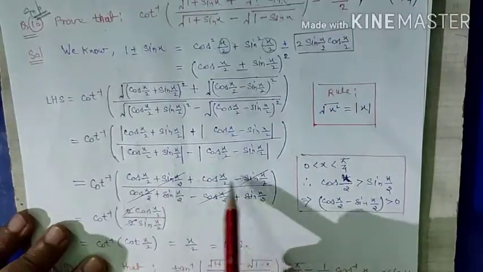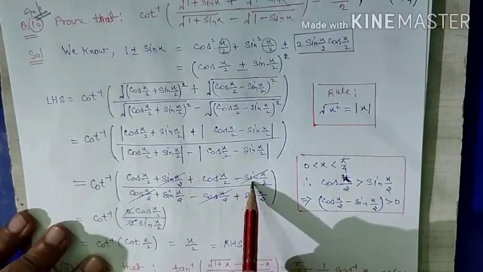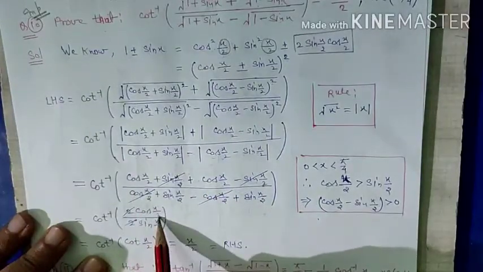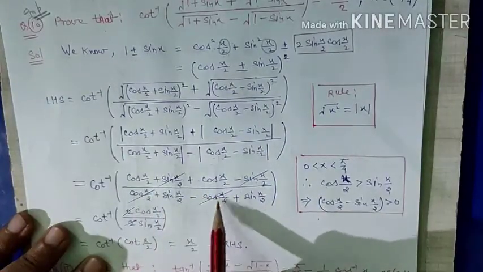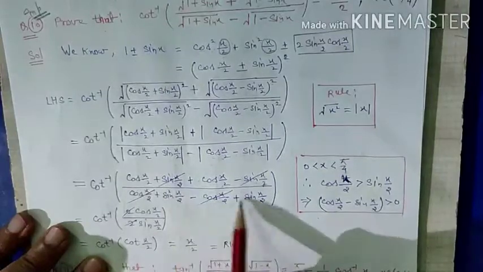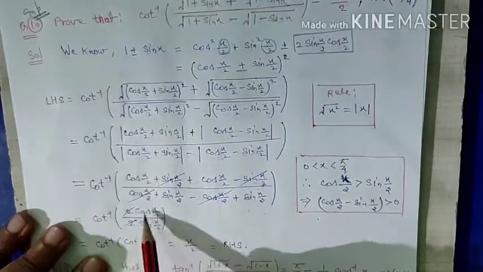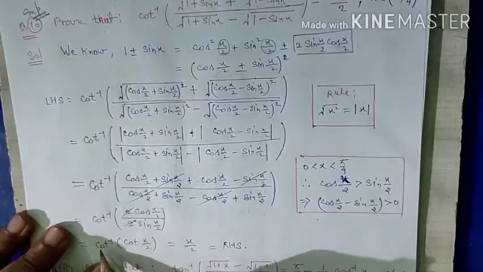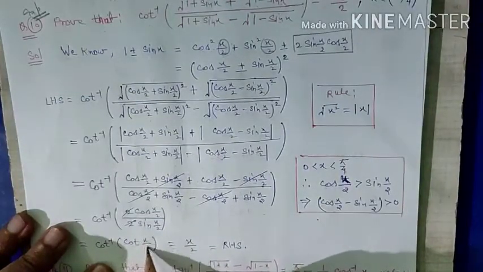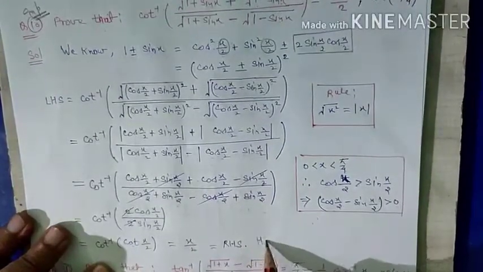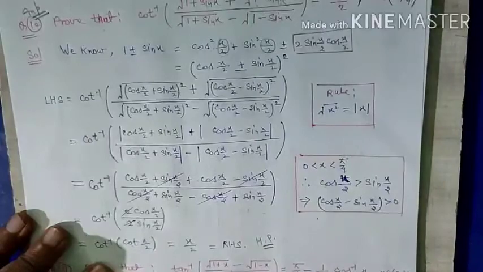So sin x/2 will be cancelled with this minus sin x/2, cos x/2 minus cos x/2 cancelled, sin x/2 will be added to sin x/2, cos upon sin, cot inverse cot x/2 will give you x/2 only. This is the part which we need to prove, hence proved.